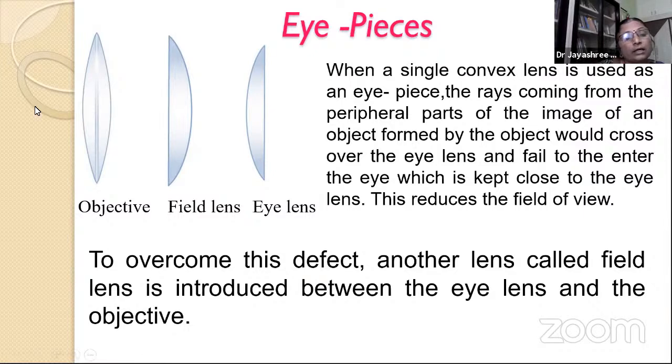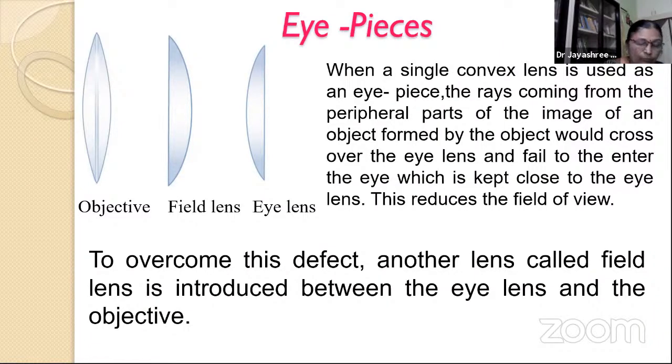One is near the object and is called the objective, which forms a real image of the object. When we consider the important features, this is the particular idea behind these eyepieces.